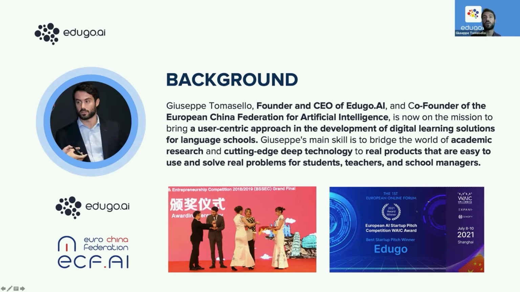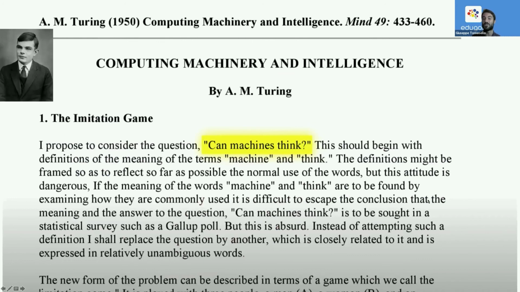So let's move on. I would like to give you a historical overview of when AI and NLP were born. This is one of my favorite papers. It was written by Alan Turing. Alan Turing, as you may have seen in the very popular movie The Imitation Game, is one of the founders of the computer. He created the Turing machine.